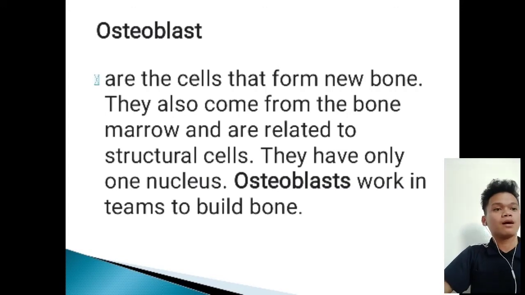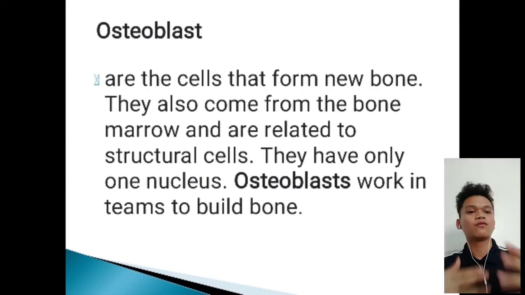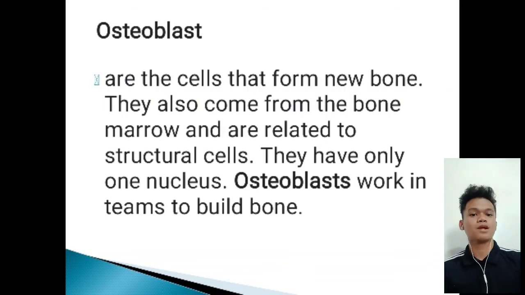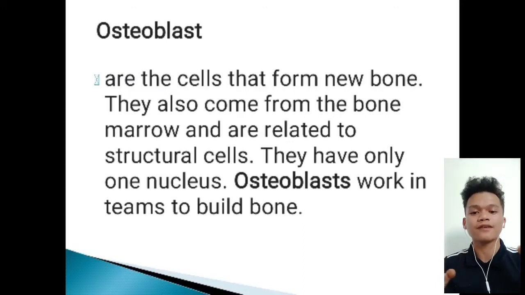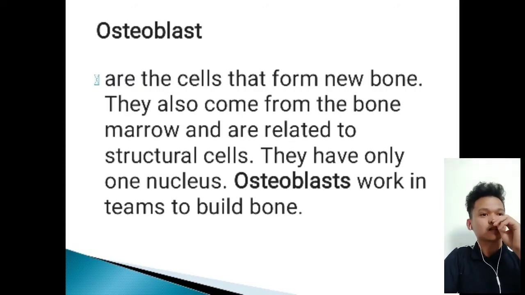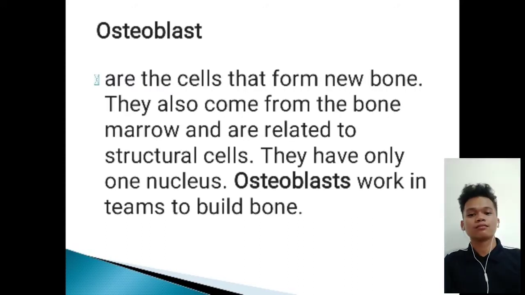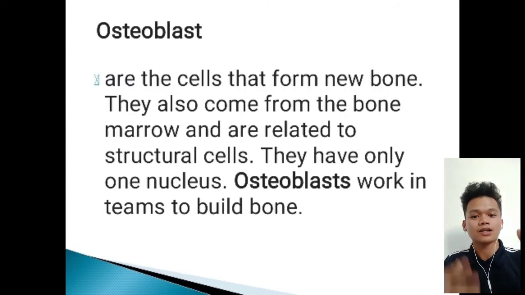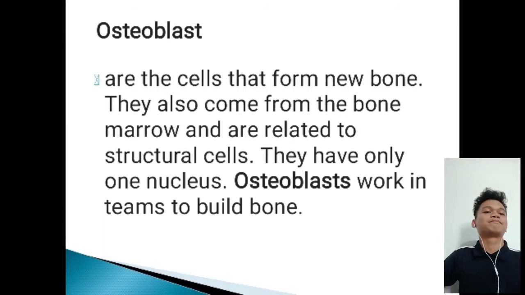So the way new bone forms, the way we exercise, we give enough calcium that is produced, so the bone formation becomes strong.